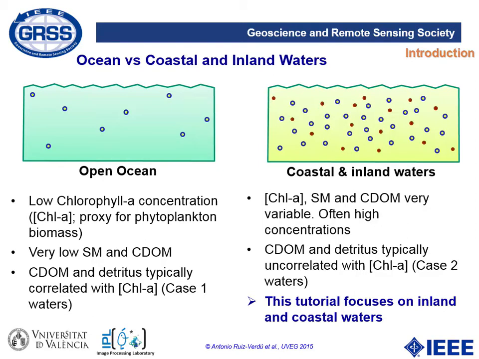This is because, for example, in a lake, we can have autochthonous phytoplankton growing on the nutrients present in the lake, but due to the inflow of a river, we can have allochthonous or external CDOM or suspended minerals, and the concentrations can vary depending on the water conditions, the flow regime, and therefore there are no fixed relationship between chlorophyll and the other optical active constituents. As I remember, this tutorial focuses on inland and coastal waters.